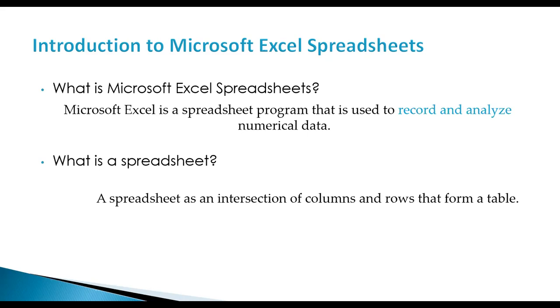The cells are what actually form our Microsoft Excel spreadsheets. Alphabetical letters are assigned to our columns, and numbers are assigned to our rows. The point where the column and the row meet is what we call a cell.